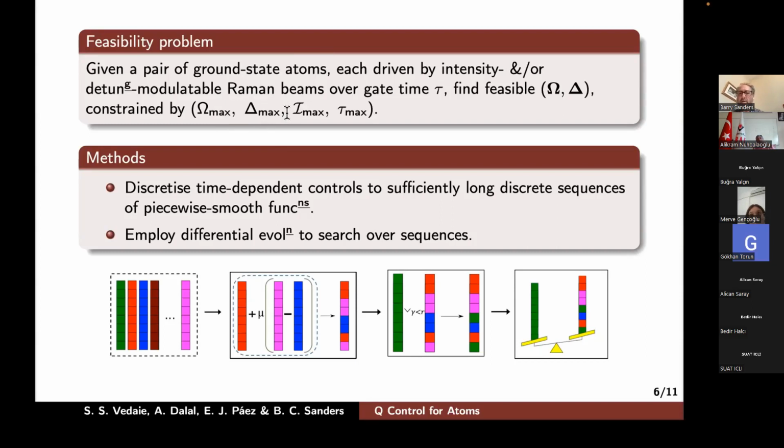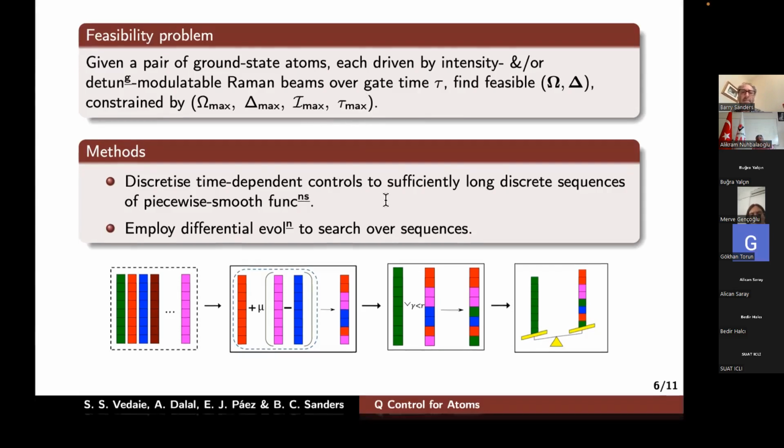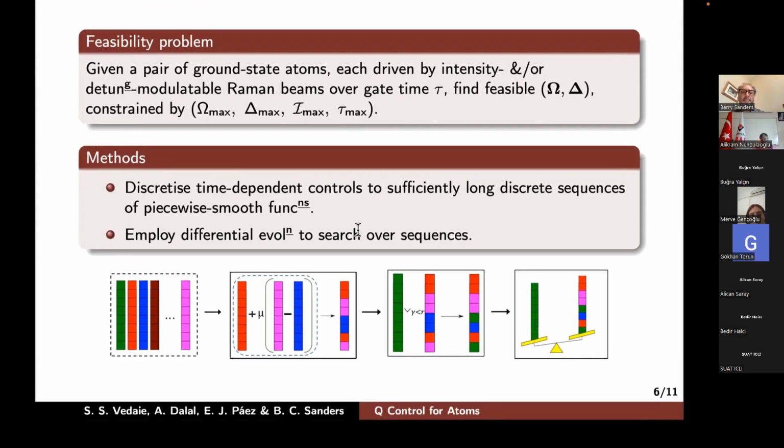Delta max is a limit on how much detuning is possible through the instruments. I max is a limit to how much infidelity is allowed. And tau max is the maximum allowed gate time.